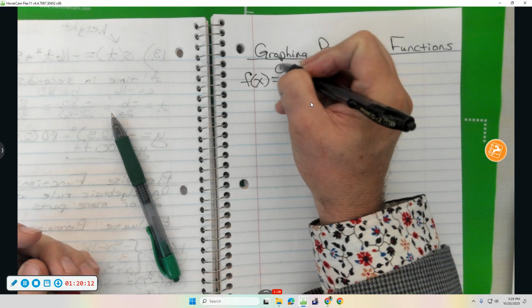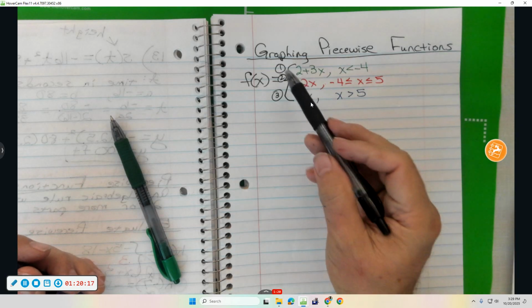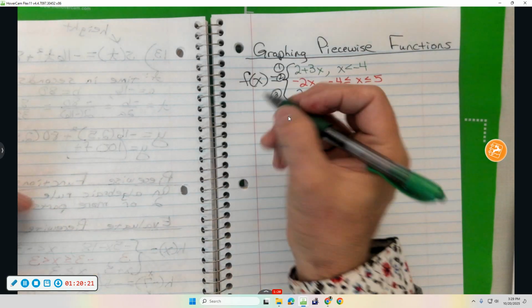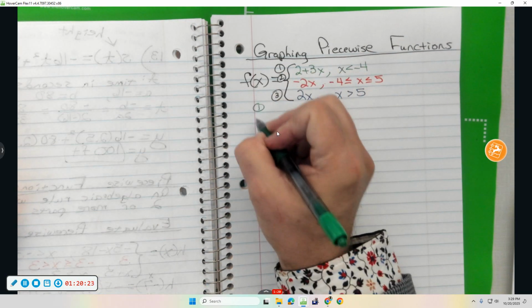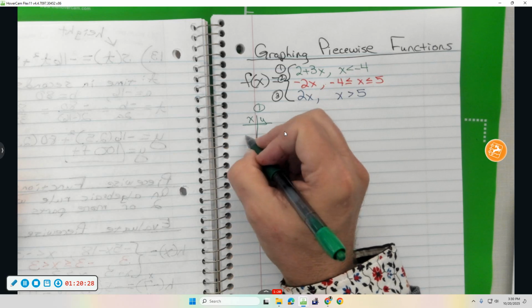But since you're using the same color ink or lead, you're not changing colors the way I am, I highly recommend you number the pieces. We're about to make table number 1, and we're going to have to generate 2 ordered pairs.